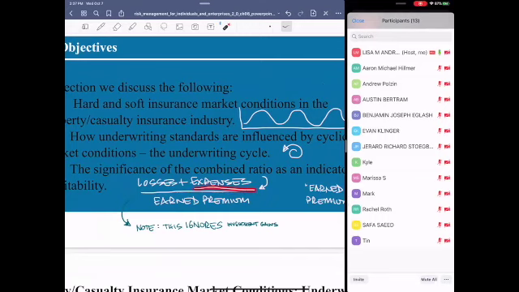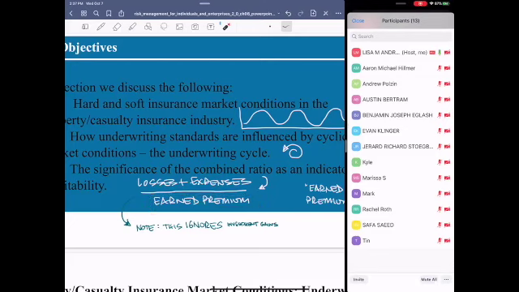The expenses include all of the executives' fat salaries, all the salaries of the rank and file, the buildings that they operate in, all the conferences they go to, their internet coverage. All of the expenses associated with running the business, divided by earned premium.